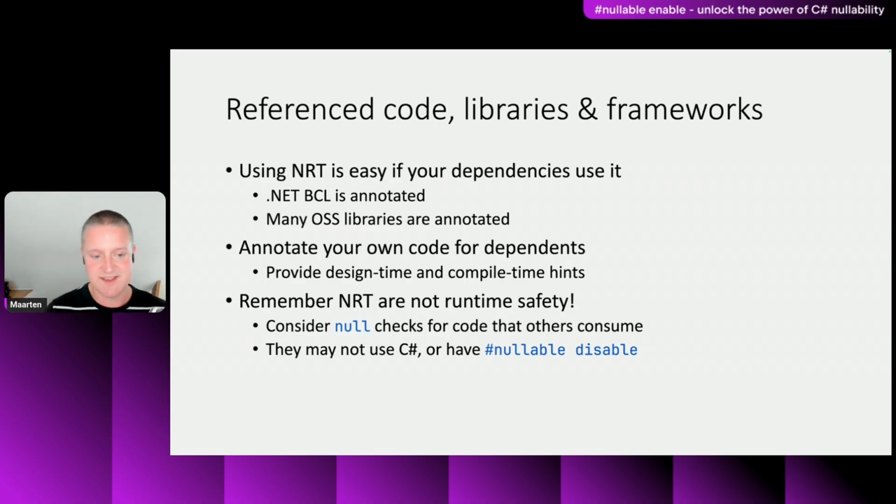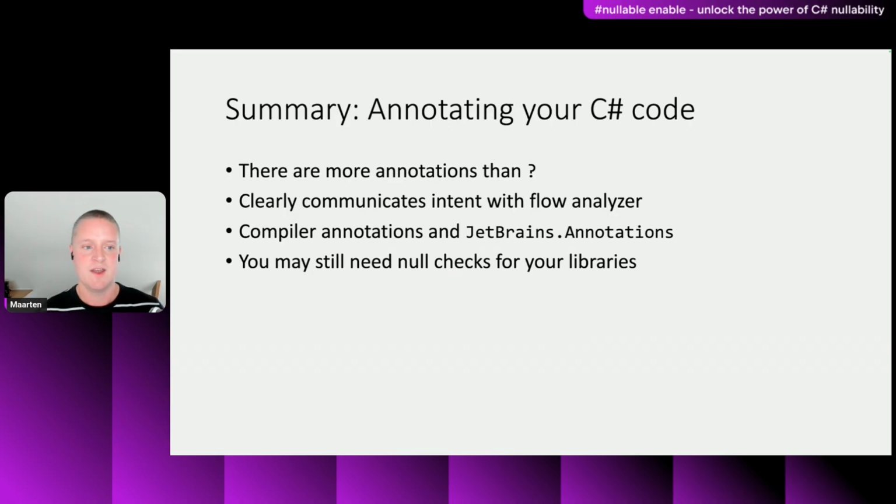Also good to note is that nullable reference types are C# only, which means if you're using F# or VB.NET and so on, nobody will get those annotations or the design time help there. So you still want to have the null checks for runtime safety. So in summary of this section, I would say there are more annotations than just that question mark.